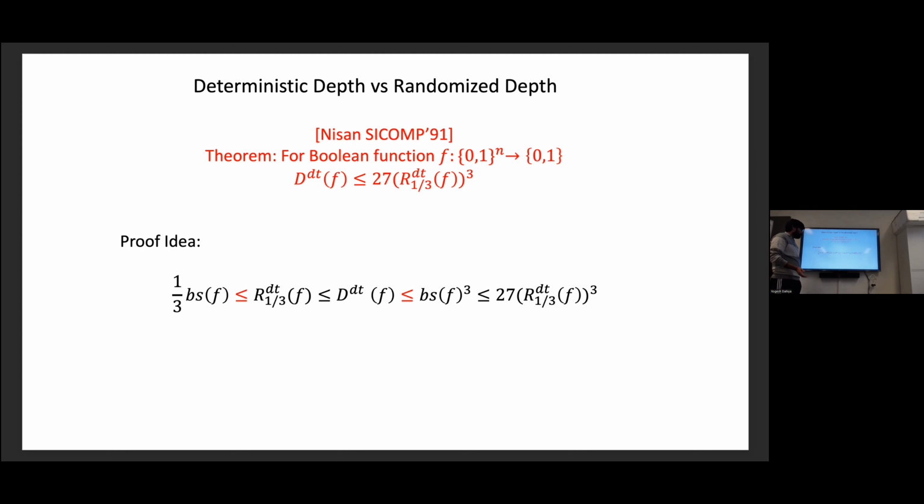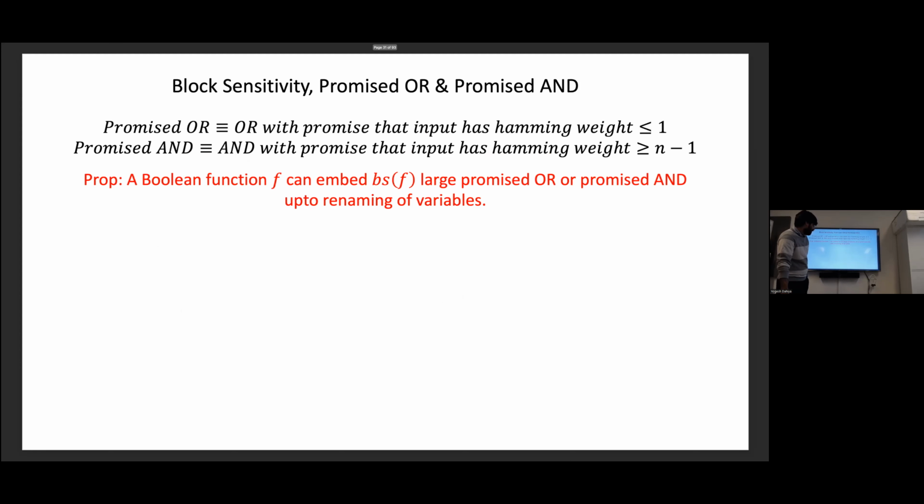So going back to what Nisan did. This is the block sensitivity measure, and what Nisan showed was that it is polynomially related to deterministic decision tree complexity, and this also tells us that randomized query complexity is large. Now I just want to make this observation. Let me define these two promise problems.